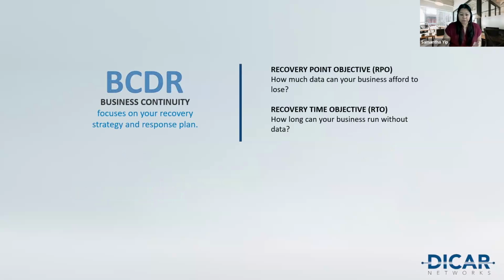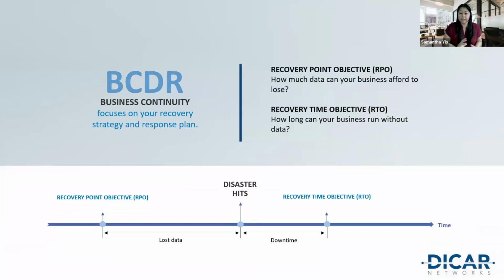Now, there are two key points when it comes to talking about business continuity and disaster recovery. The terminology you're going to hear when you are trying to secure one of these plans yourself, produce one, or work with any IT service providers are these 2 terms. The first is the recovery point objective, and you will hear the acronym RPO.